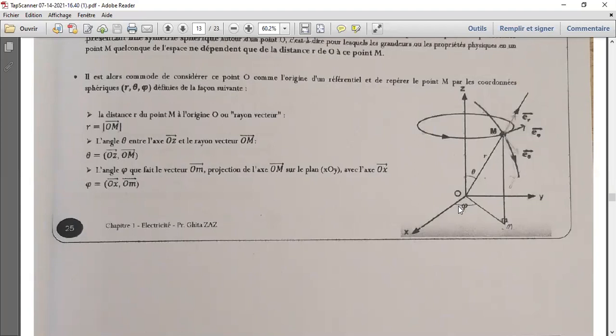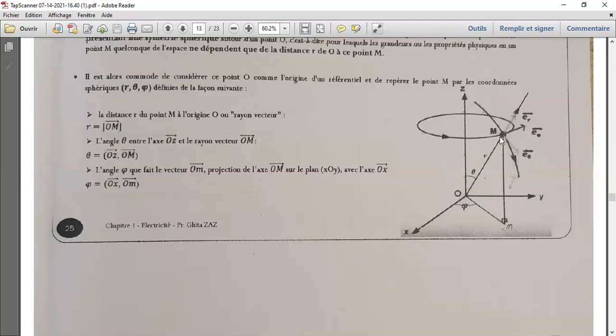So basically, for you to get this point M, you have to open at a certain angle, which is phi, and also at a certain angle, which is theta, and move at a certain radius, which is OM.